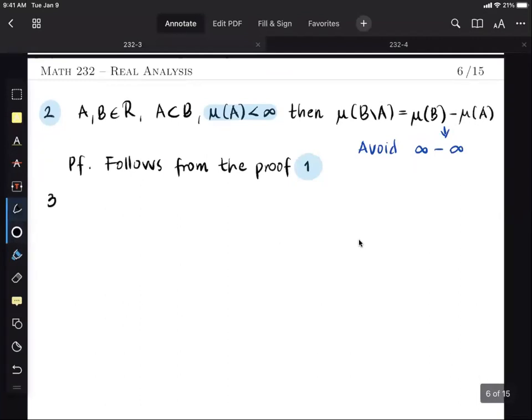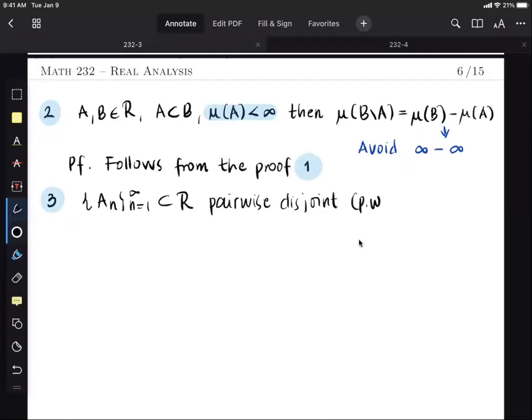Now for the third property, suppose we have a pairwise disjoint sequence of elements in the ring. And for convenience in the future, we will abbreviate this as PWD.